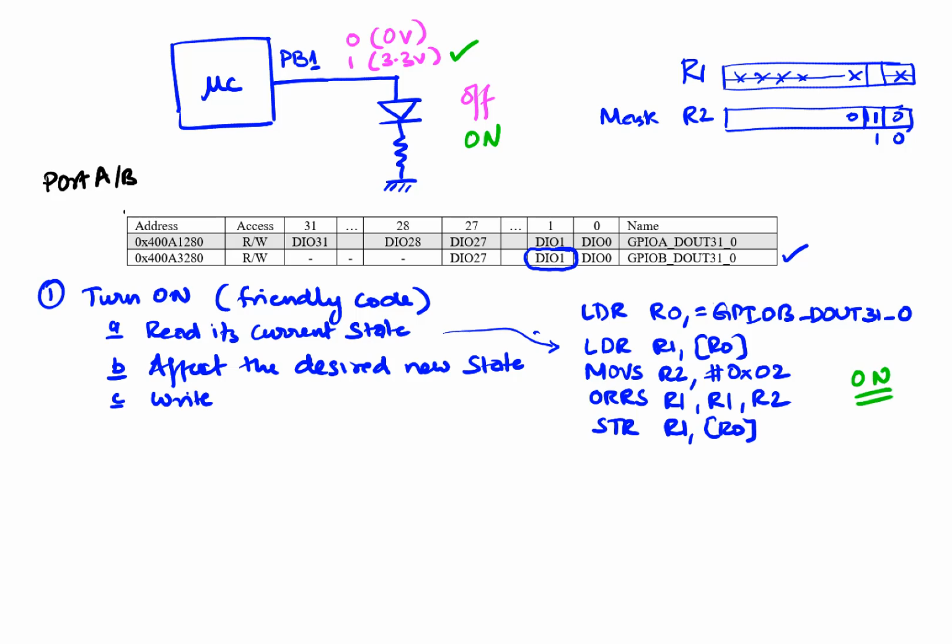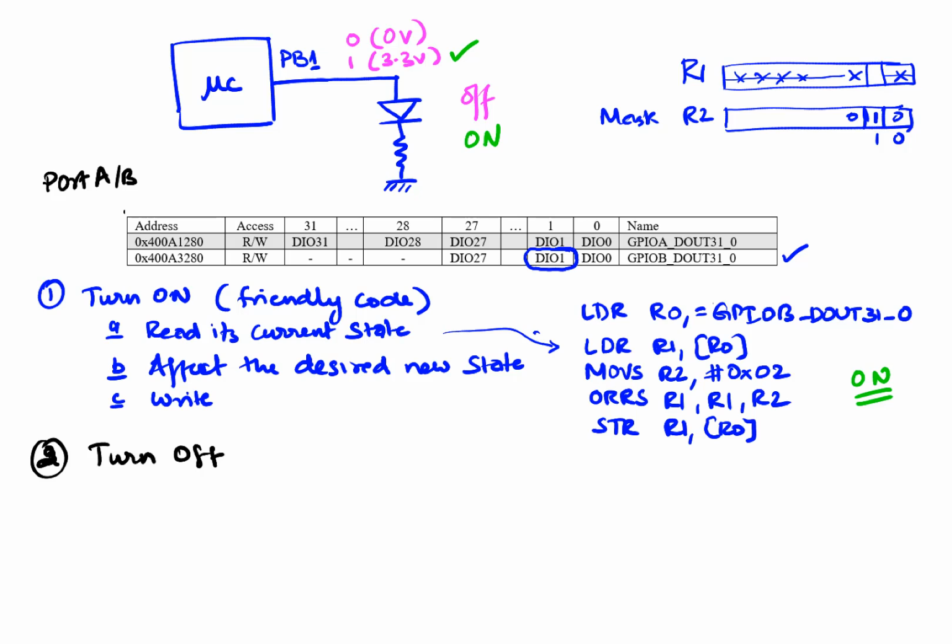Oh, that's cool. But what if I want to turn the LED off? So if I want to turn it off, we follow kind of the same idea again, except now we want to affect this only by clearing it.